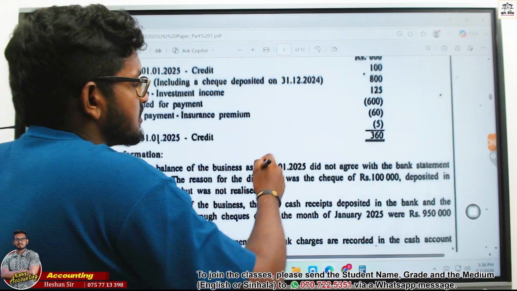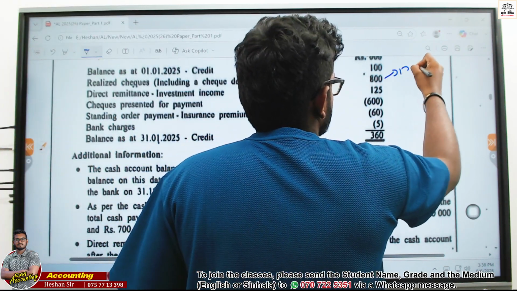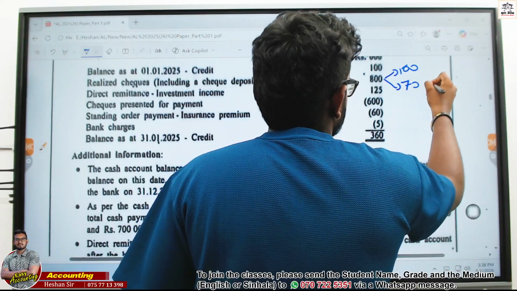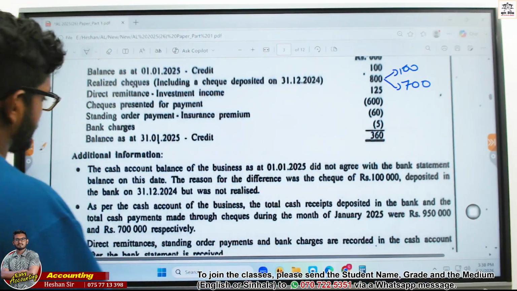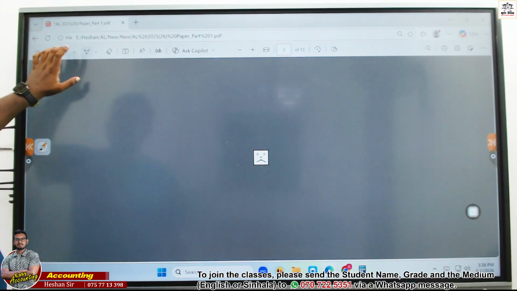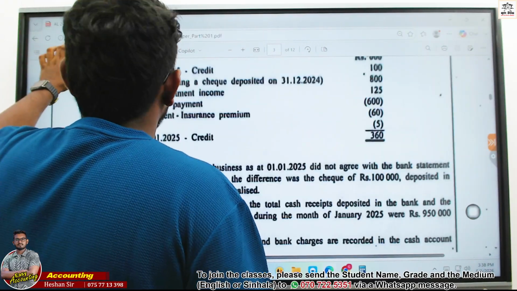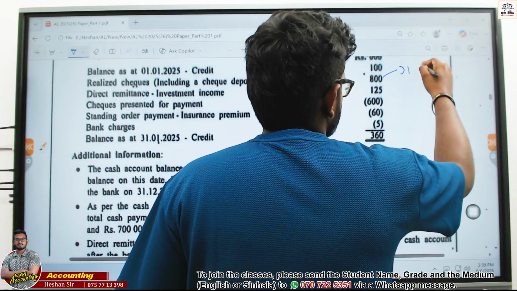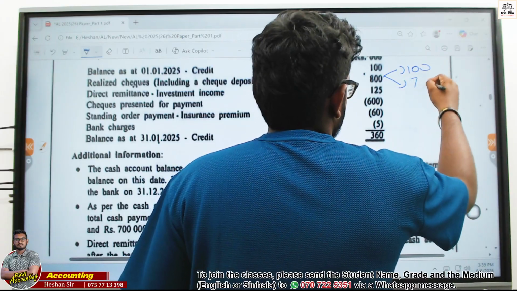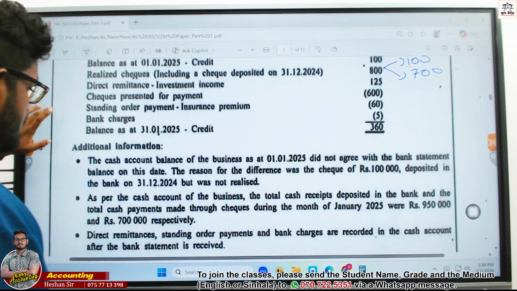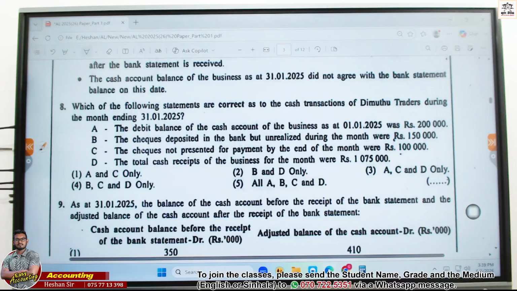Of that 800, 100 is from last month's deposit and 700 is from this month. That is the only thing that comes in right now.